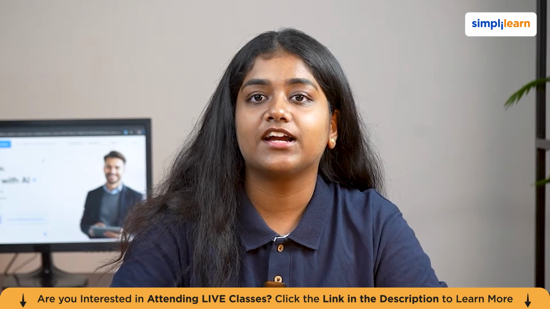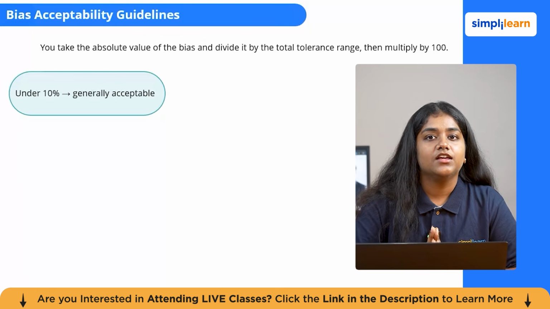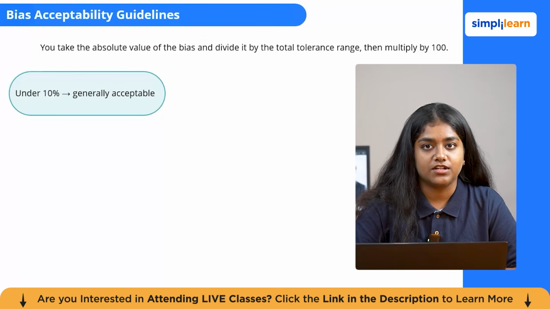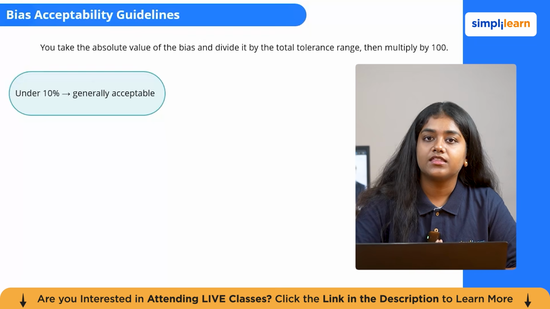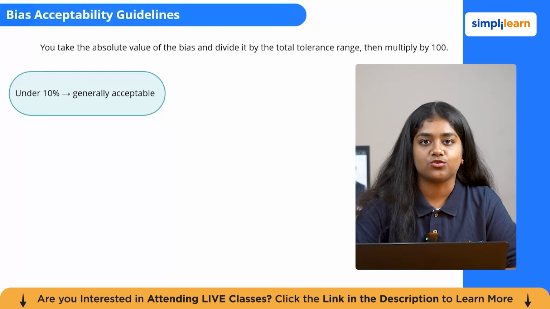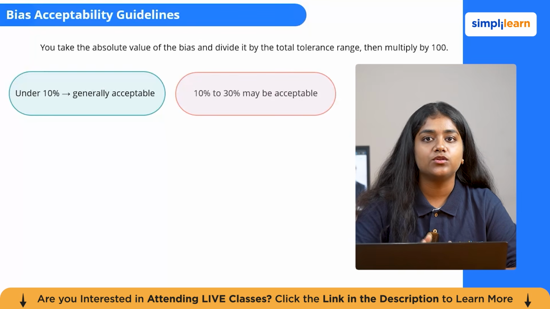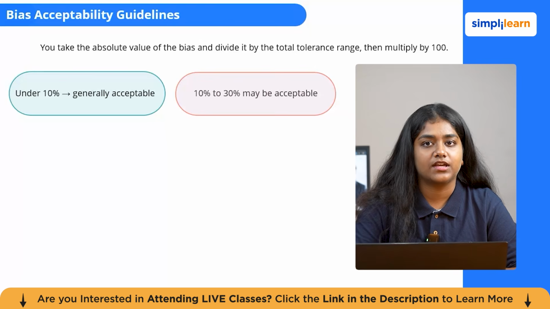So now let's look into the guidelines for acceptability. If it's under 10%, it's generally acceptable. If bias is less than 10% of the tolerance, the measurement error is small compared to the specification range. The gauge is usually considered acceptable for normal inspection and process control use. If the bias is between 10 to 30%, it may be acceptable in some situations, but it should be reviewed carefully.